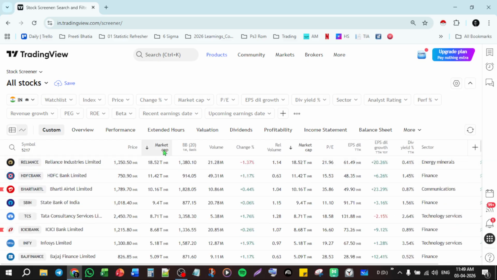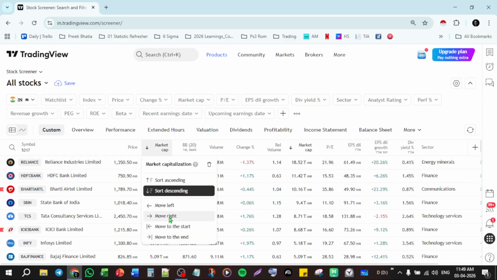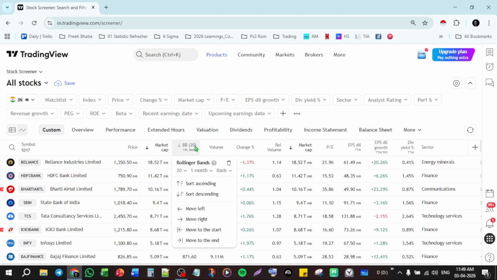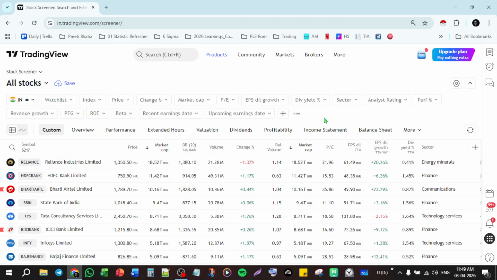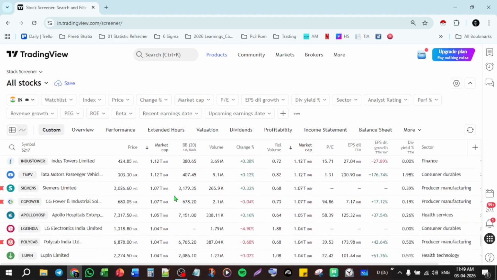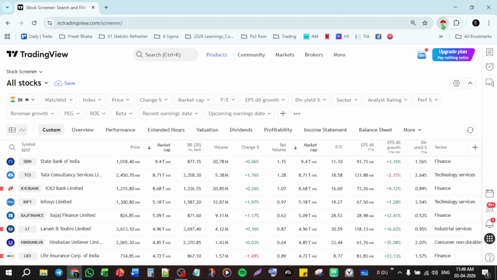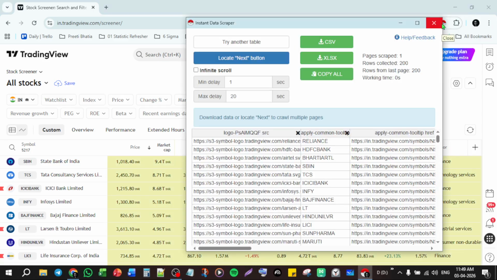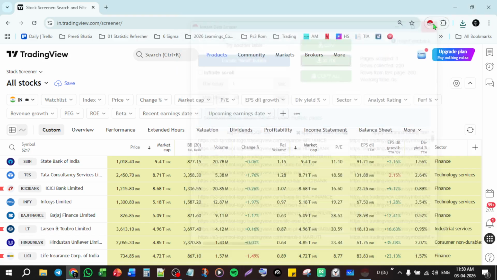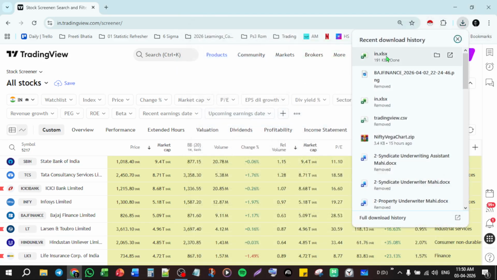It's acting funny. There was custom. Okay, let's say I want this whole page. What will I do? I'll click on this. It's taking the whole data. You see it says rows collected. Don't click on CSV, click on XLS. You have an Excel here. Just click on it.